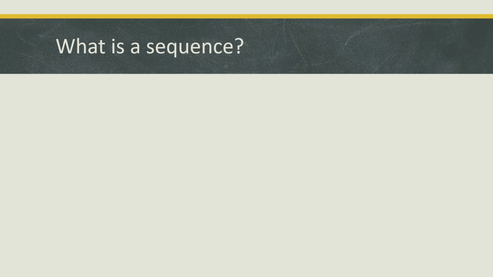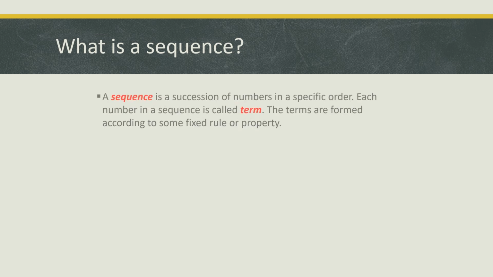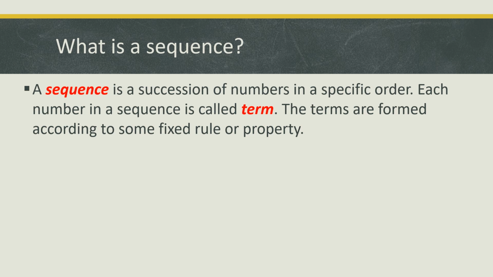First, what is a sequence? A sequence is a succession of numbers in a specific order, meaning it is a list of numbers in a specific order. Ibig sabihin, meron tayong pagkakasunod-sunod. Each number in a sequence is called a term.